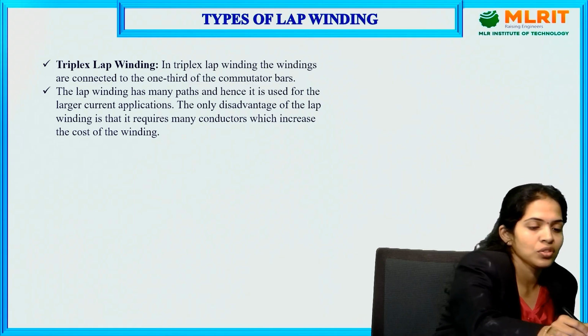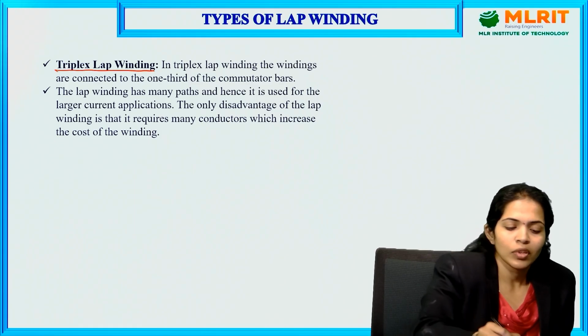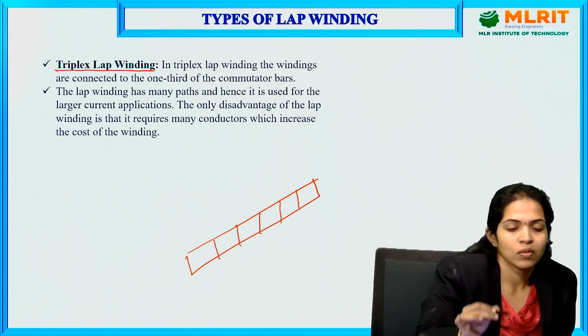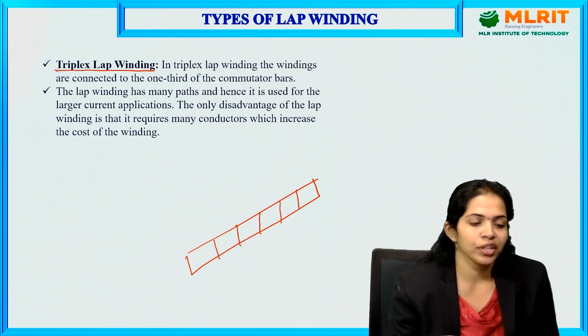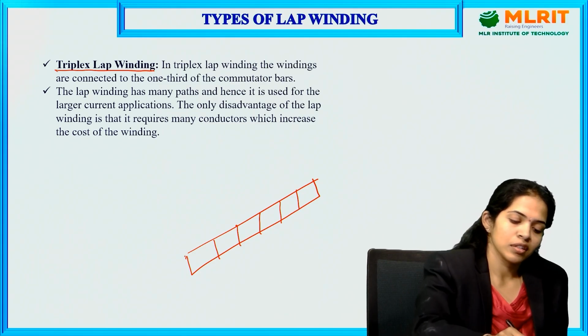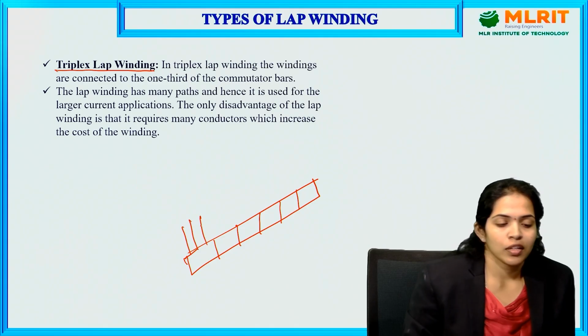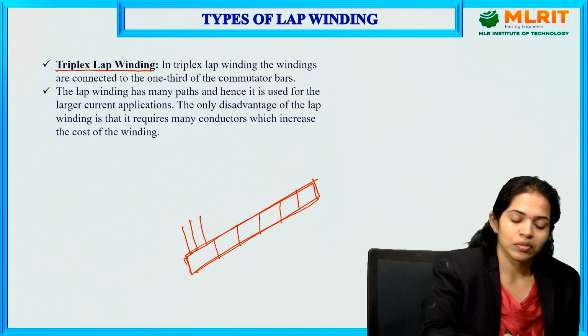And the last, triplex lap winding. In these windings, if you have commutator segments, so 1/3 of the commutator bars are connected to the coils. So this is the entire commutator segment.